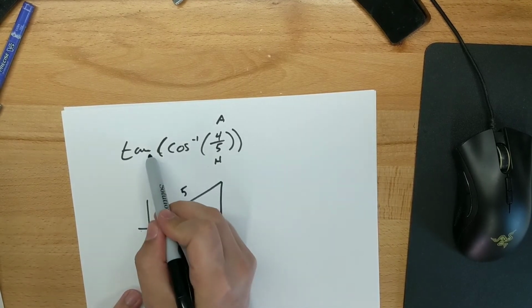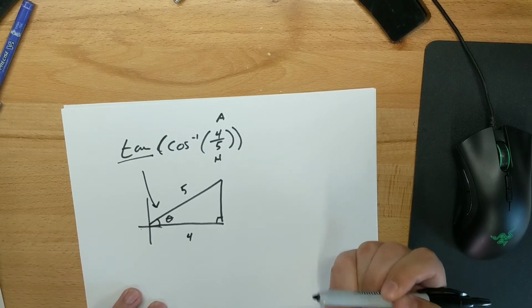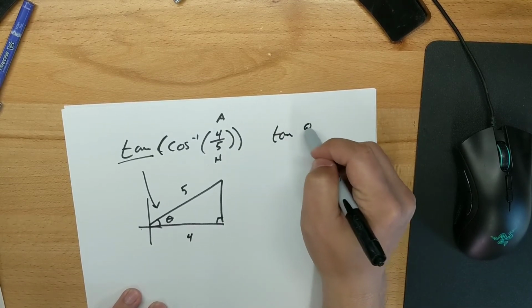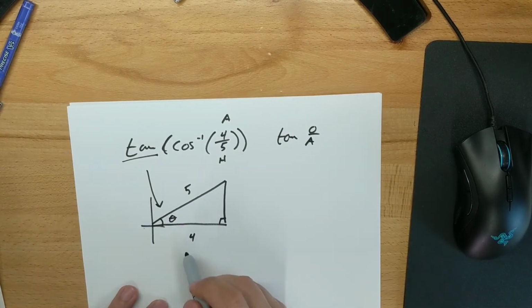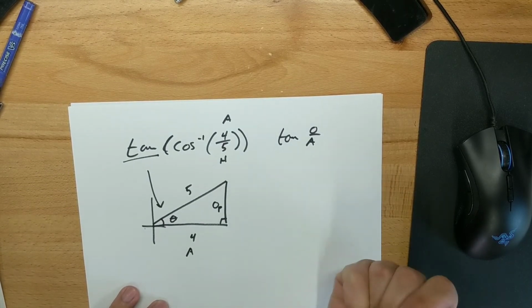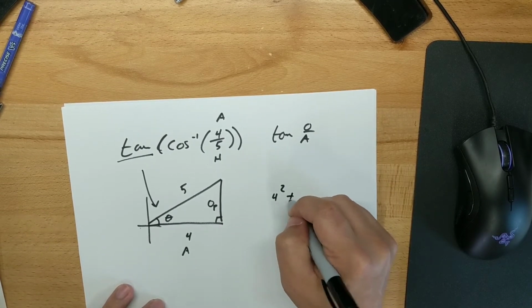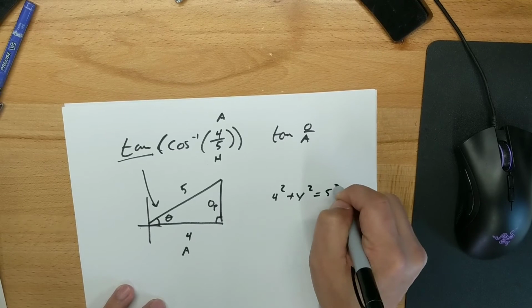So now this asks me to take the tangent of that angle. Well, tangent is opposite over adjacent. And I have the adjacent, but I don't have the opposite. So I need to do Pythagorean theorem to get that. And 4 squared plus y squared equals 5 squared.